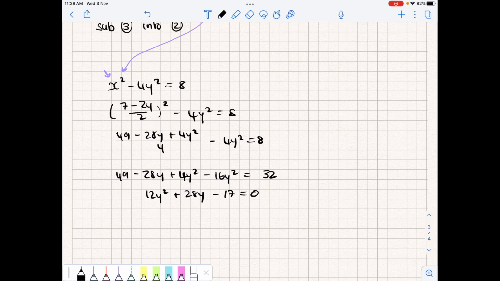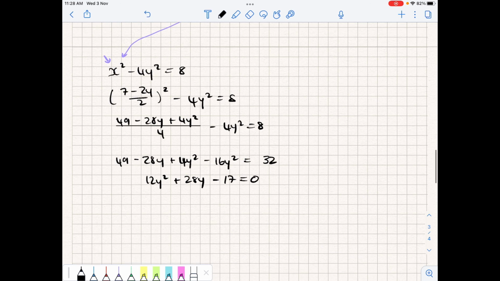Now, looking at this, it might seem like the easiest method to solve this would be to use the formula or to complete the square. However, if we have a look at this number here, negative 17, it's a prime number. Prime numbers only have two factors. We only have 17 and 1 to work with. And so we can consider the factors of 12, and we can think it's 6 and 2, or 12 and 1, and think how can we use those to get 28.